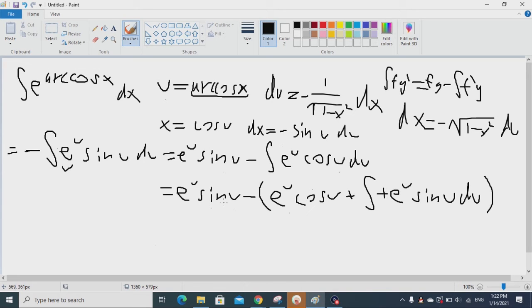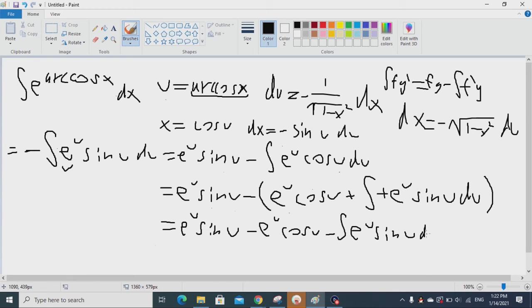So here's again where you need to be really careful because there are like 3 negatives in here and you need to distribute the one from the beginning. So you're going to get e to the u sine u. And then you'll still just have minus e to the u cosine u. And then you have plus, plus, and negative, so that'll become a negative of that integral.